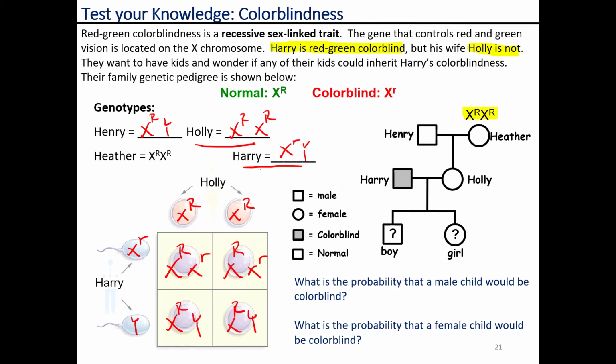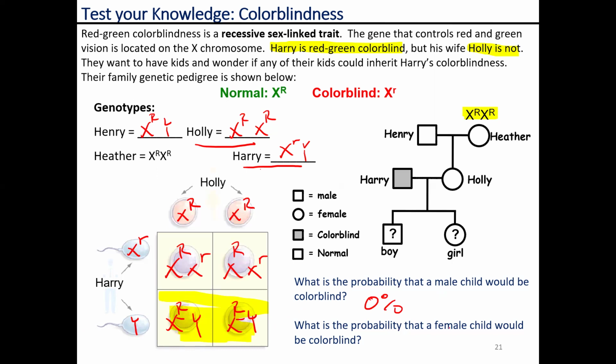Now that we've completed our Punnett square, we're going to do our analysis. This part right here is our males, and up top is our females, so we have that 50-50 split. Let's identify for males what the chances are. Our males down here have only one X, so it's only following one, and we can see that's a big R here and a big R here. So they have a 0% chance of having a male who's colorblind.